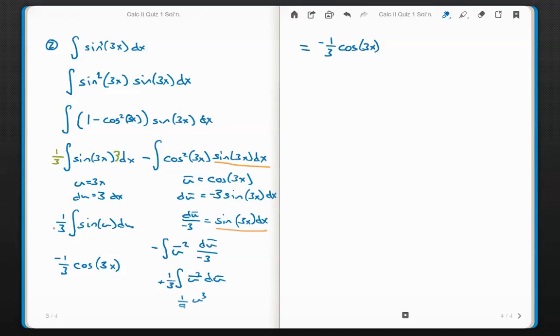Right, that came from here, that's the first part. And then I'm going to have a positive 1/9, and then u is actually cosine of 3x, so cosine cubed 3x plus C.